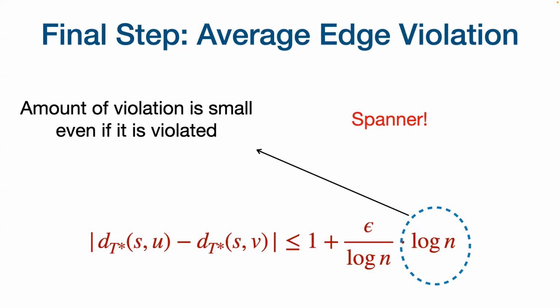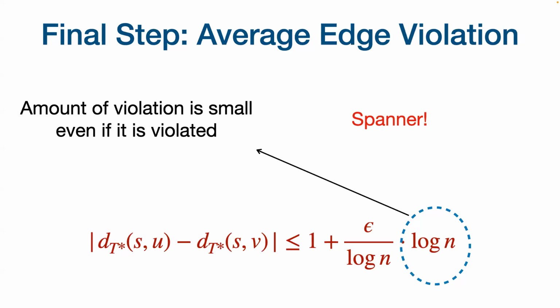This is a multiplicative bound only. The one was just to say when it is not violated, it would be at most this. Think of it as: when an edge is violated, in the sense that the UV edge is not present, the difference between the shortest distance between S U and S V is at most only log n.